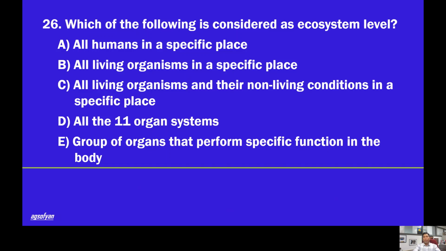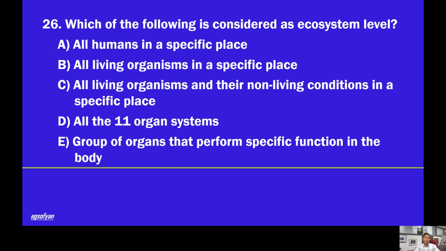Which of the following is considered as ecosystem level? A, all humans in a specific place. B, all living organisms in a specific place. C, all living organisms and their non-living condition in a specific place. D, all the 11 organ systems. E, group of organs that perform specific functions in the body.